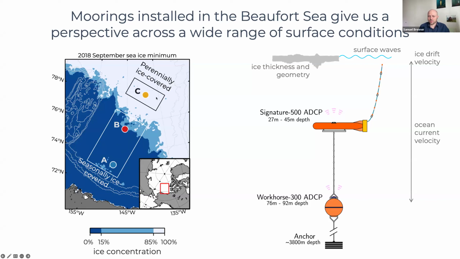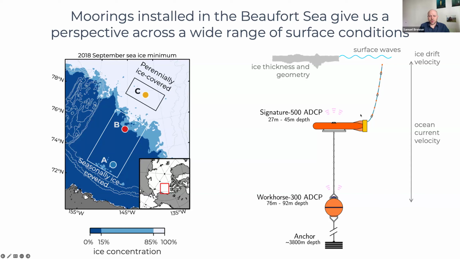We have this really wide range of different surface conditions that we're able to measure against. And that includes measurements in the southern part of the domain in the seasonally ice-covered waters, but in the northern part of the domain, this northernmost mooring was in perennial sea ice. It was deployed and recovered through the ice.